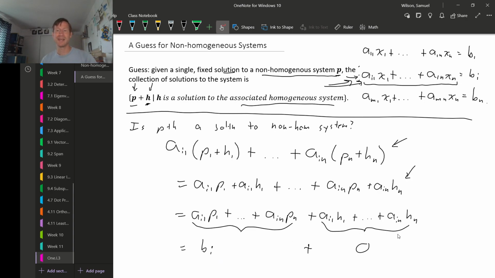So what we get here is b_i plus 0. In other words, it's b_i. So we plugged the entries of p plus h into this ith equation, and we did, in fact, get b_i. That means that p plus h really is a solution to this non-homogeneous system. So that means everything in this collection is a solution. Good. Remember, that was half the battle.